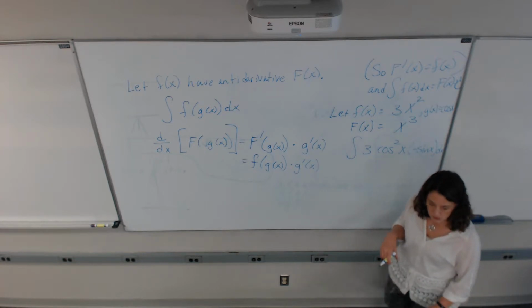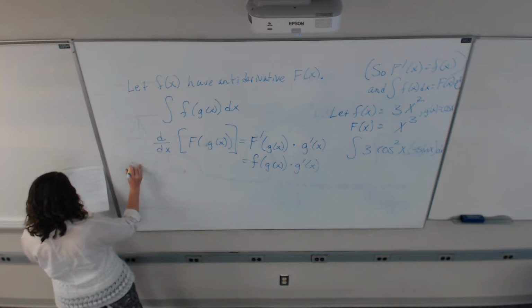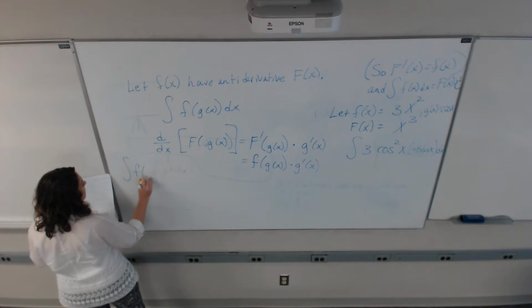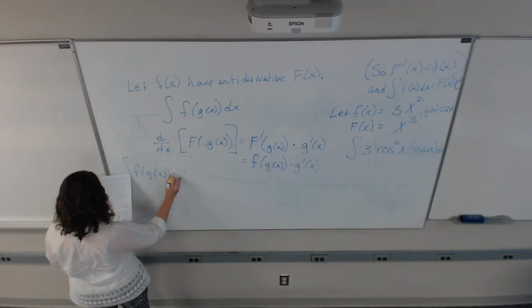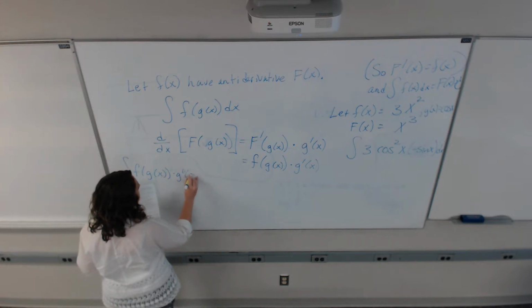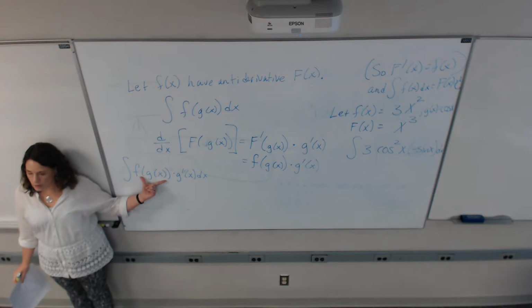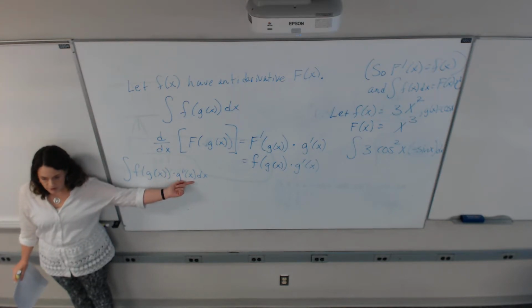This is what's called U substitution. Here's the basic rule. If you have the integral of lowercase f of g of x times g prime of x, you have the integral of a composed function multiplied by the derivative of the inside, right?